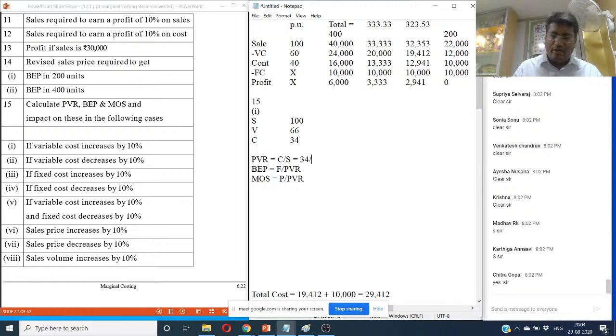Contribution 34 divided by 100, 34 percent. BEP being fixed cost divided by PVR, PVR being 34 percent. How much is that? Come on.